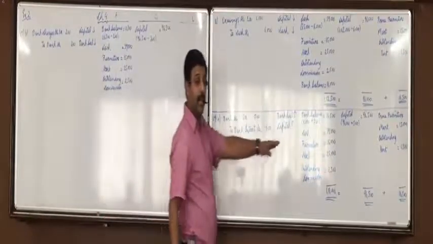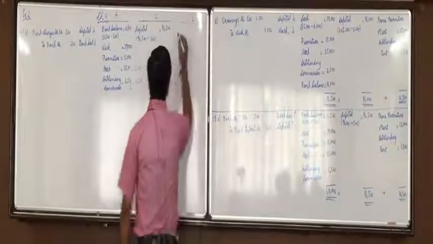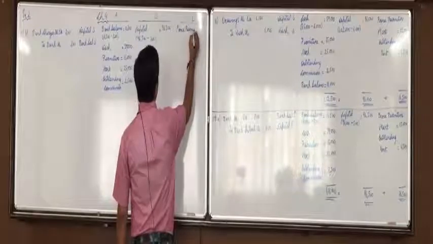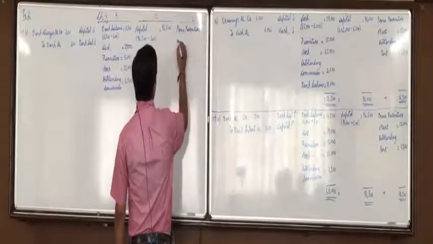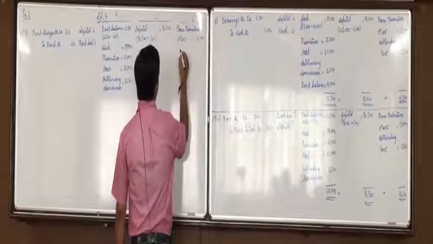Capital we have already written. Liabilities will all remain same. So Rickshaw Furniture Mart account 15,000 and outstanding rent 1,500.